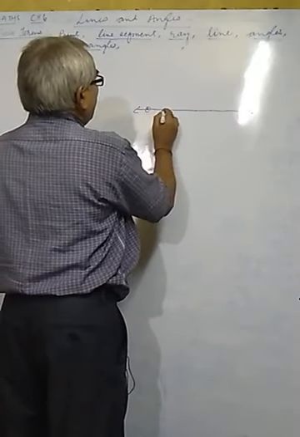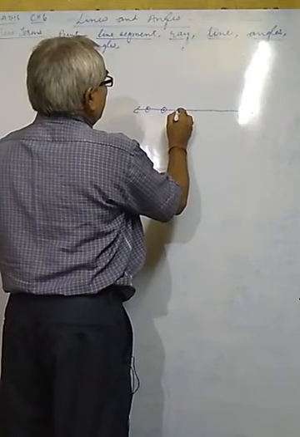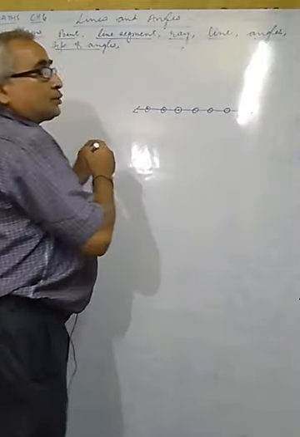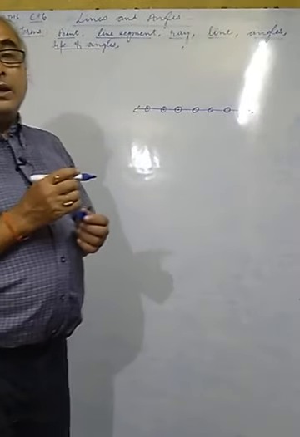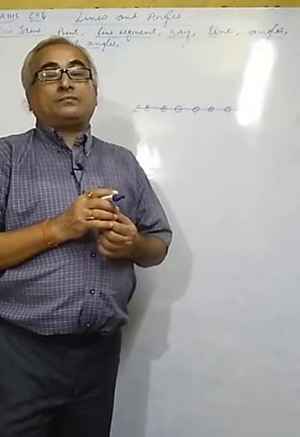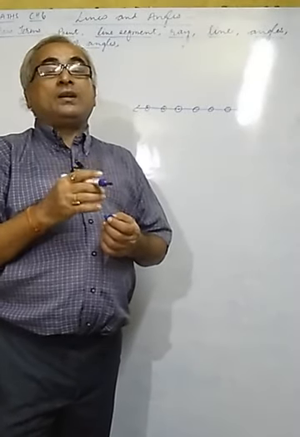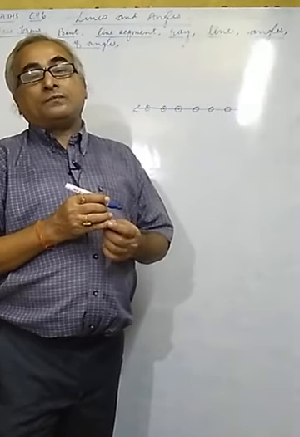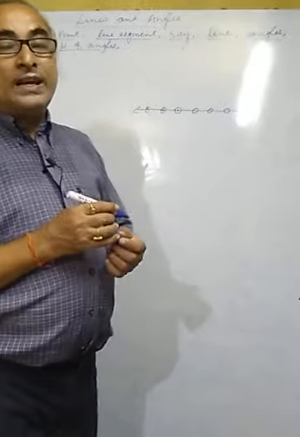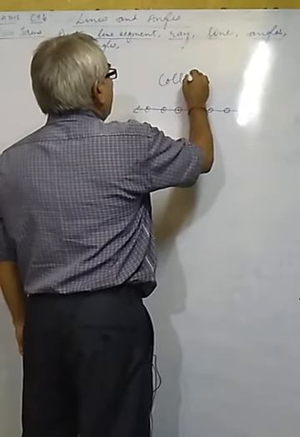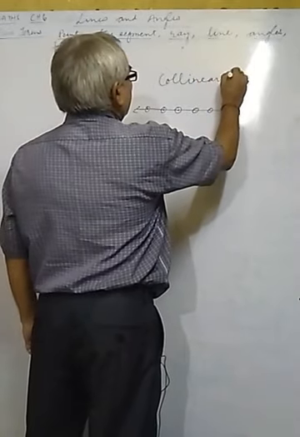One point is here, second point here, third point, fourth point, fifth point, point number 6. So many points are there, and all these points are on a straight line. Suppose the location of all these points is on a straight line, so these points are known as collinear points. What are those? Collinear points.